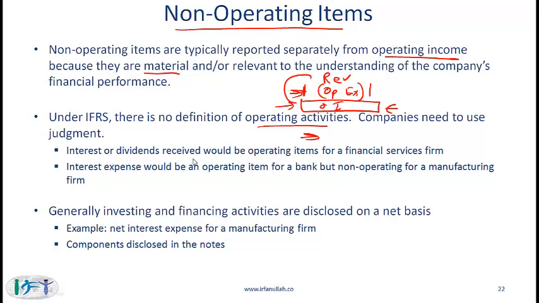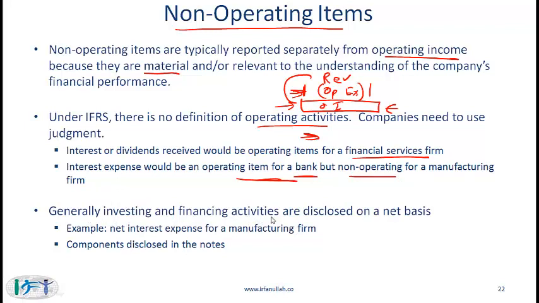Interest or dividend received, for example, would be an operating item for a financial services firm. Interest expense would be an operating item for a bank, but a non-operating item for a manufacturing firm.